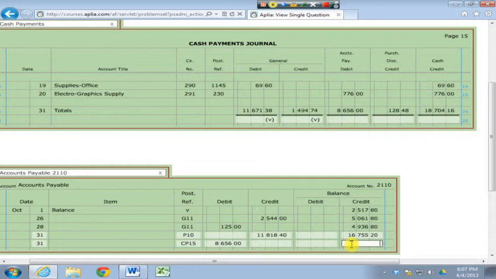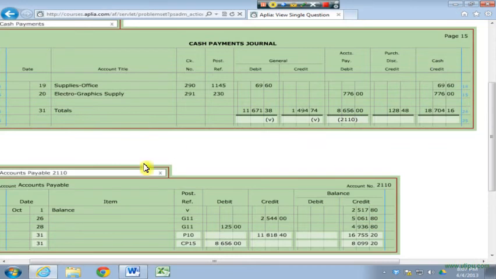And when we subtract, we should get $8,099.20 for the total amount that we owe to other people. We're going to record our post reference.